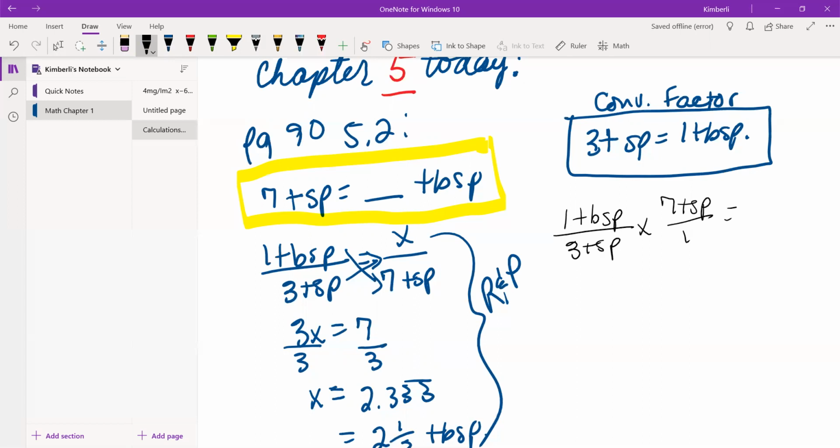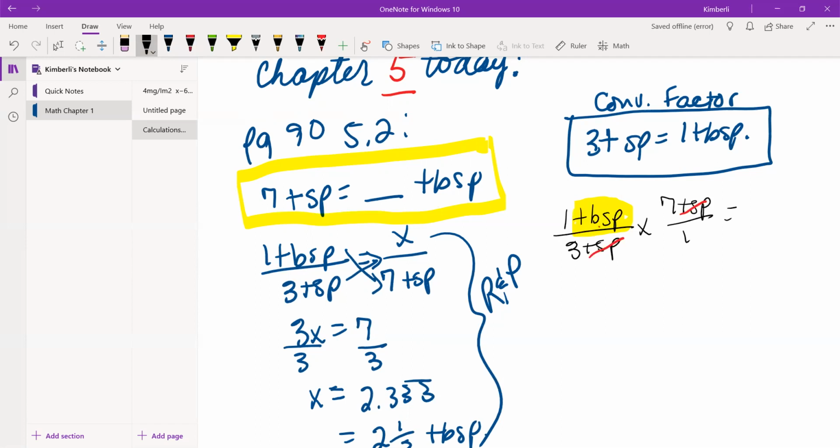An important thing here that we need to know is, first of all, we want to start out with what we're looking for, which is tablespoons. How many tablespoons? And the second thing we need to remember is that we need to set these up so that the units that we don't want get canceled out. So we don't want teaspoons. So teaspoons are going to cancel, and that's going to leave us with what we want, which is tablespoons. Okay?